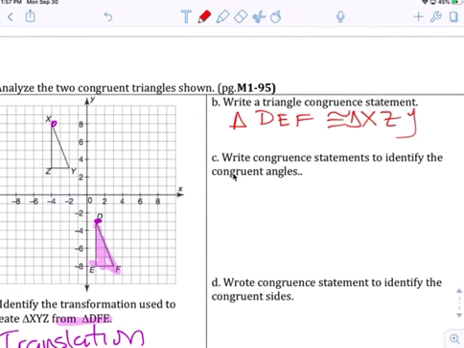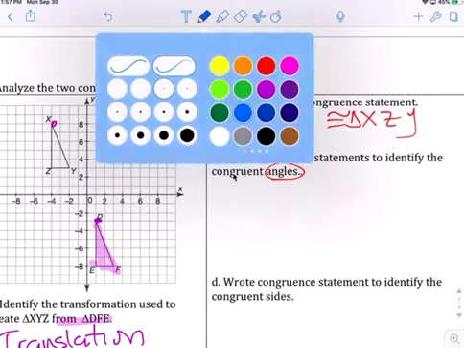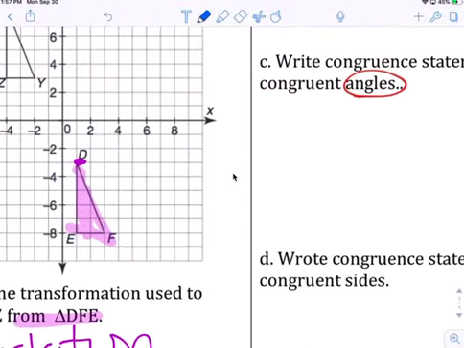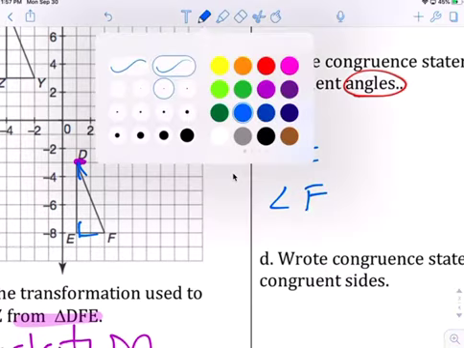Okay, angles. Write a congruent statement to identify the congruent angles. Okay, let's identify the 3 angles. Angle D, angle E, and angle F. Let's see which ones are congruent to it.